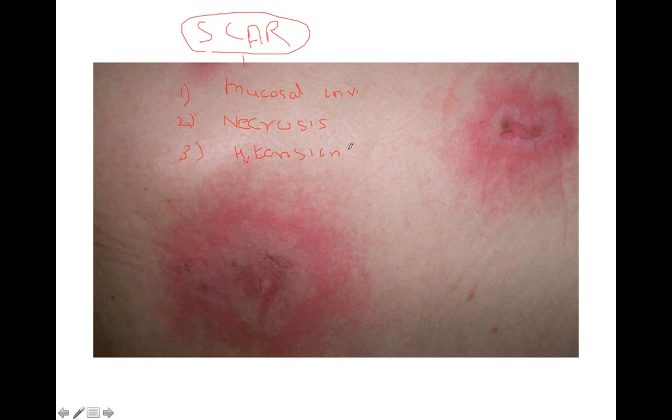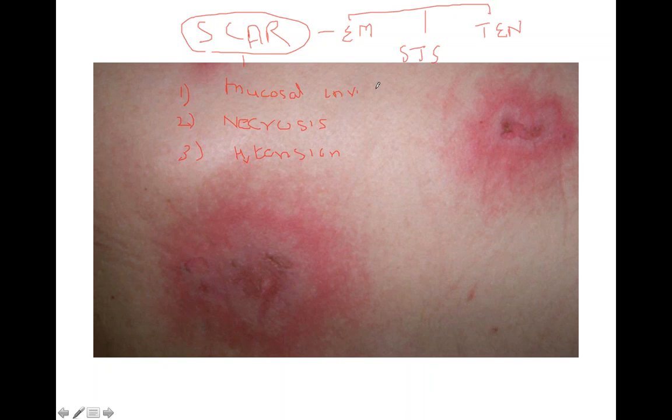Okay. So we have categories of SCAR, which include erythema multiforme on one end of the spectrum and toxic epidermal necrolysis on the other end of the spectrum. And in between, we have Stevens-Johnson syndrome. So this is erythema multiforme.